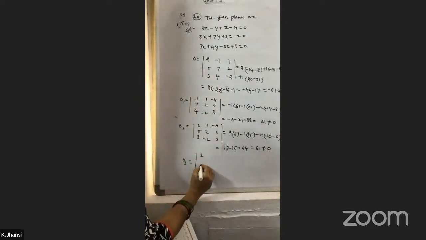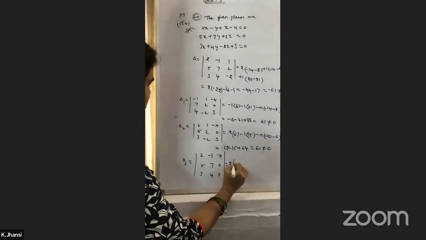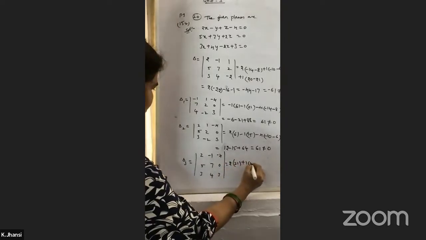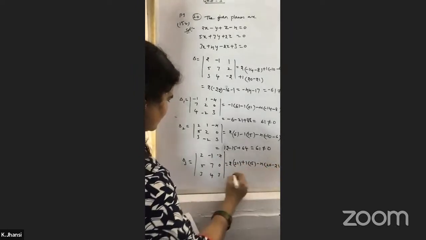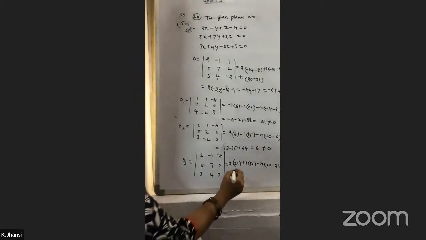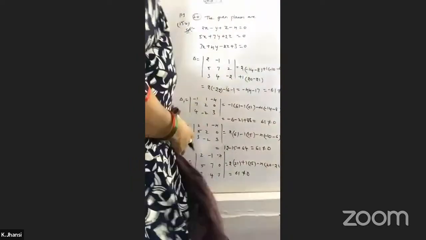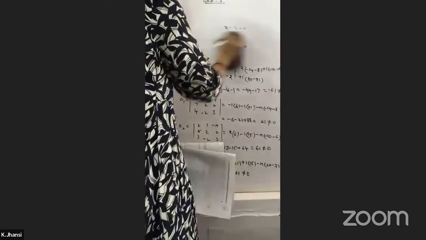So next delta 3 is 2, 5, 3, -1, 7, 4, and this is -4, 0, 3.